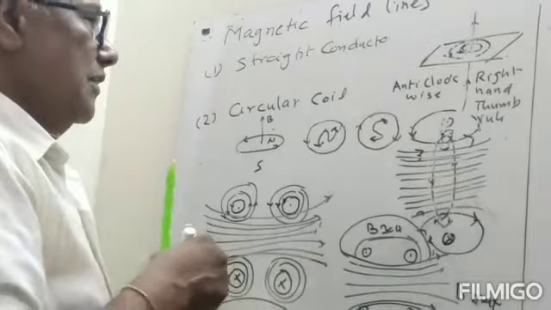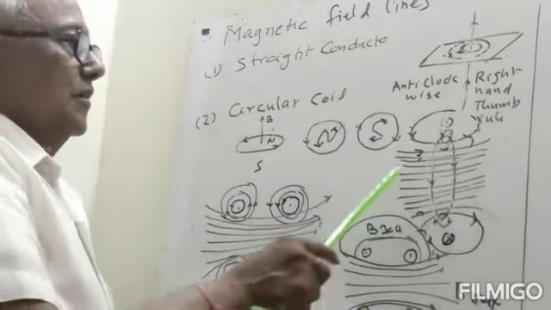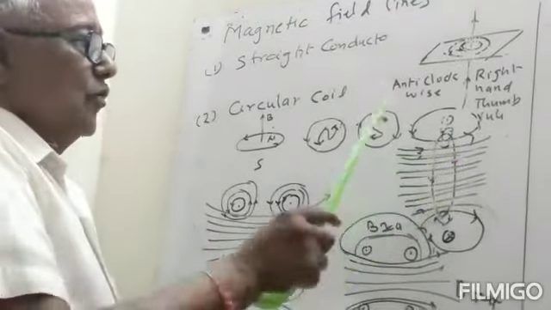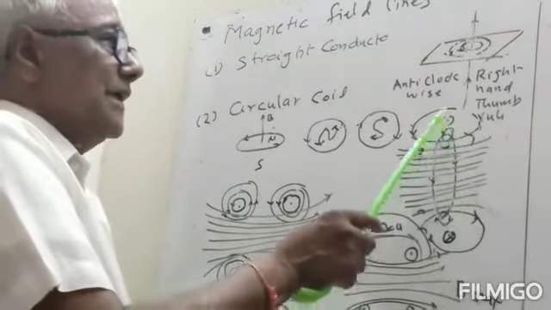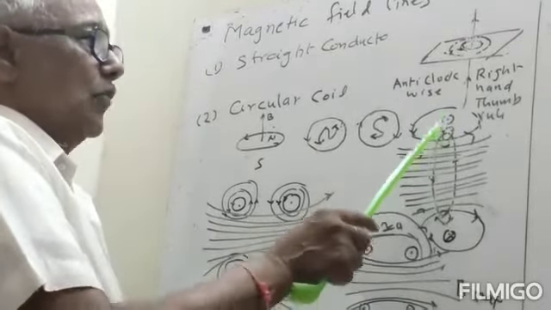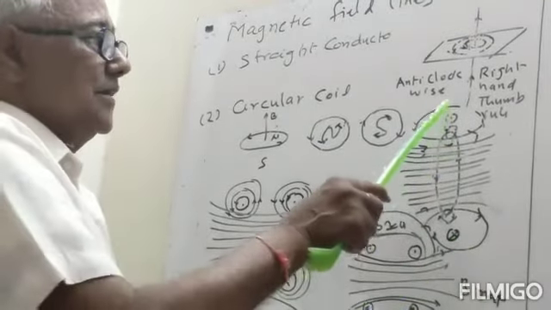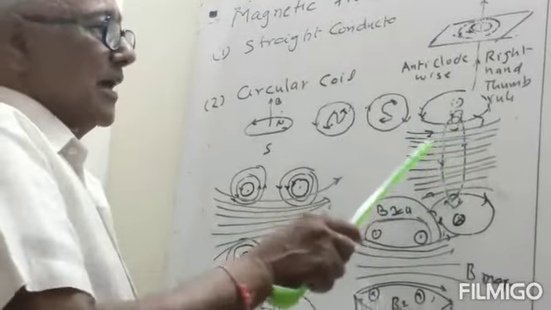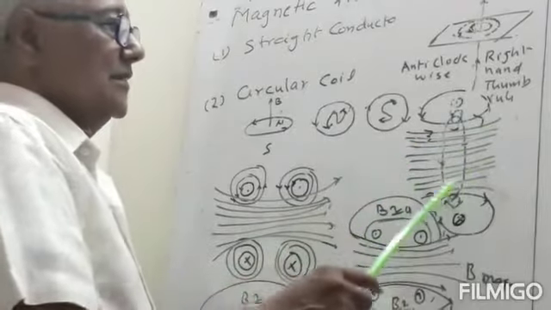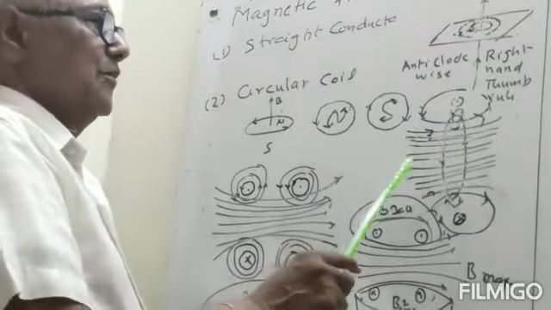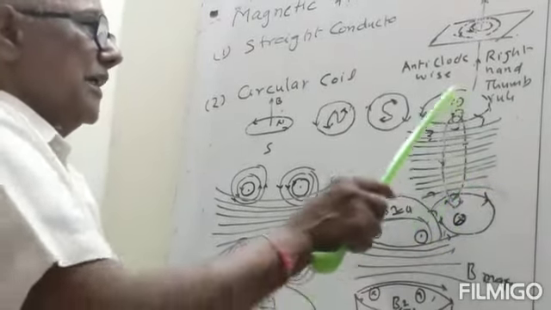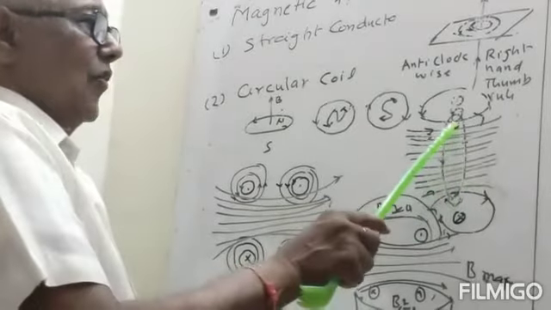In the center, almost all the lines are straight. So the magnetic field will be very small outside, and this side is also less inside, but the magnetic field will be maximum at the center. This is the case if there is one coil.